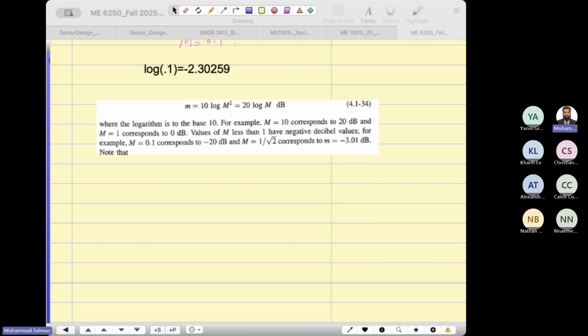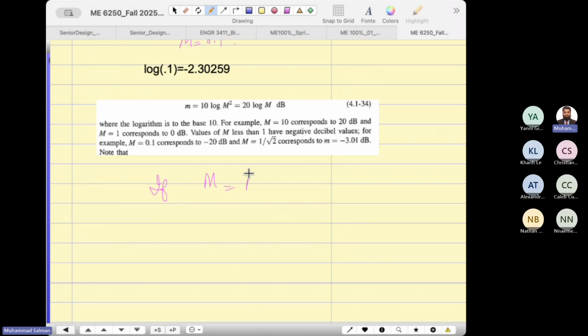So what I mean by that, for example, you will see that at a certain frequency, if m is equal to the maximum magnitude ratio divided by square root of 2.